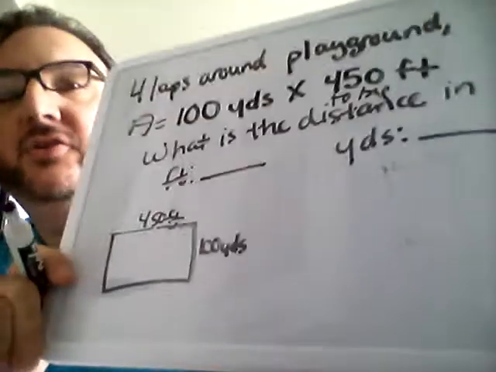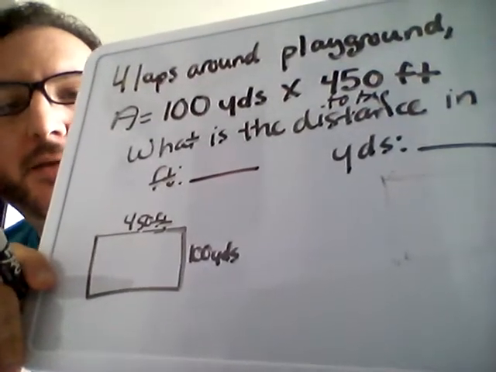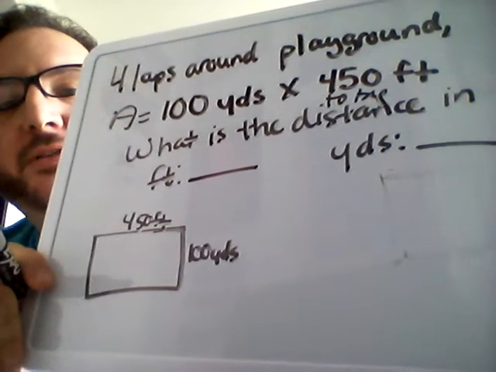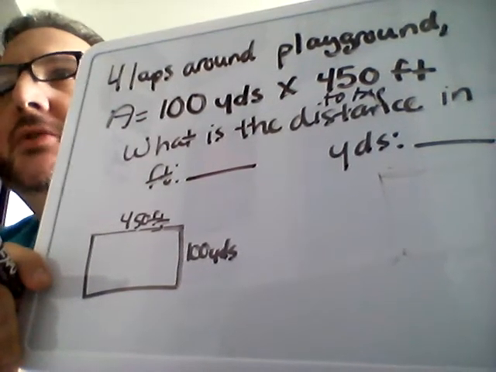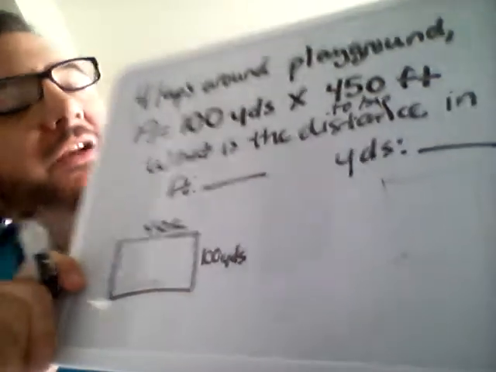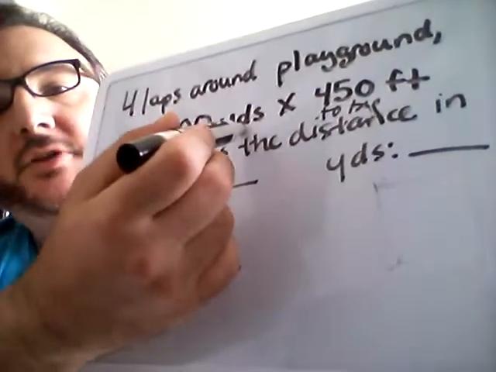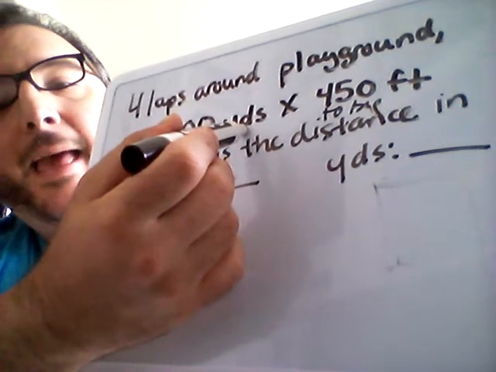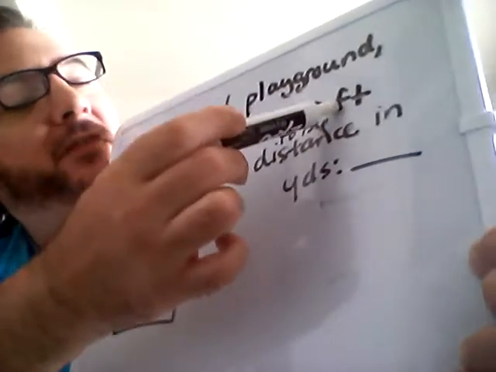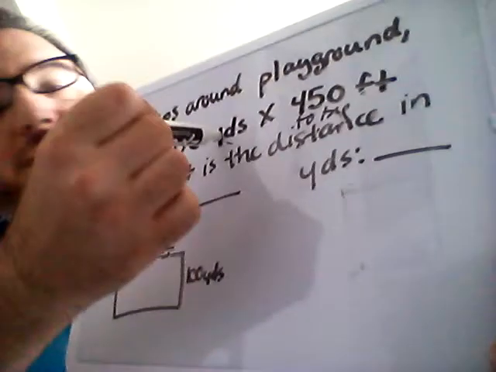The problem with that is those are 2 different units, okay? So we're going to have to convert. Now, the best way to convert this is to take the larger unit, yards, and multiply that by how many of the smaller unit fits into it.